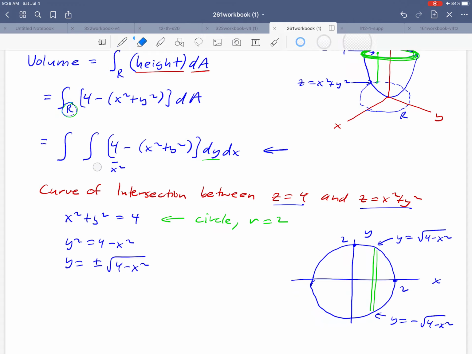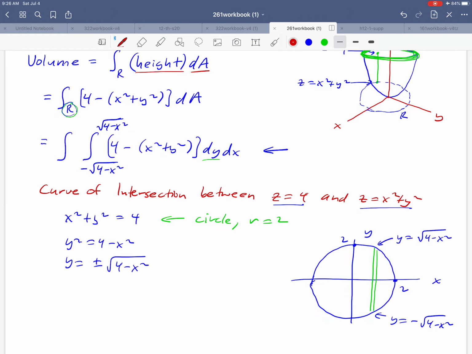Let me try to be a little bit more careful and write this neatly. So we've got our limits in the y direction, and now, once we're done with that inner integral, the x limits are always just going to be ordinary numbers, and we're going to shine the light to figure out what the shadow is, to figure out our x limits.